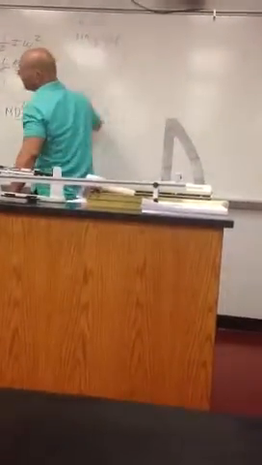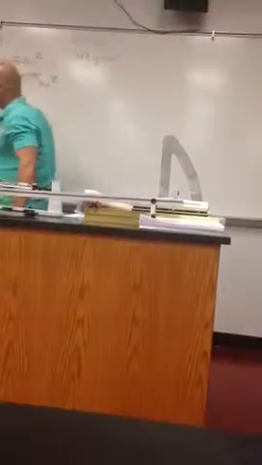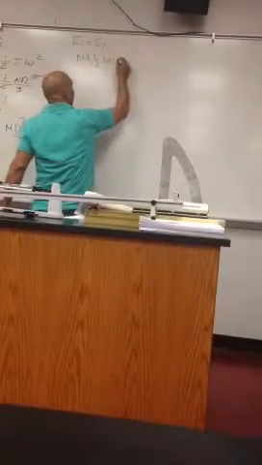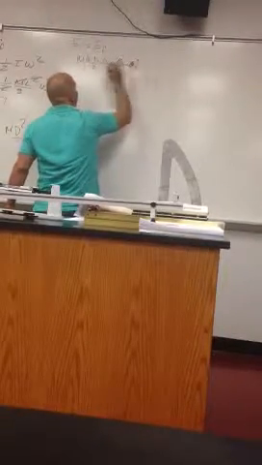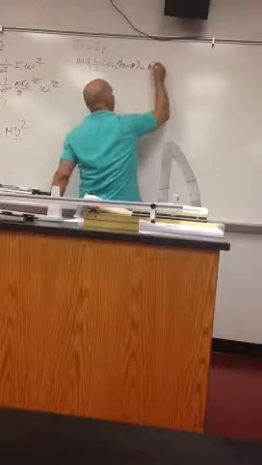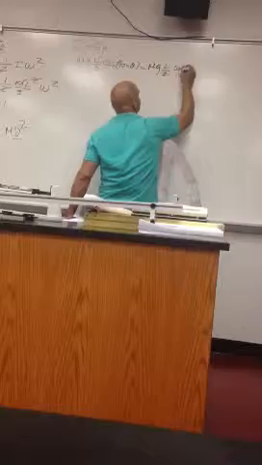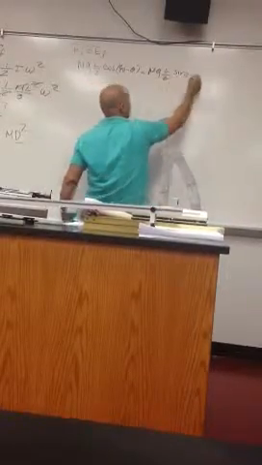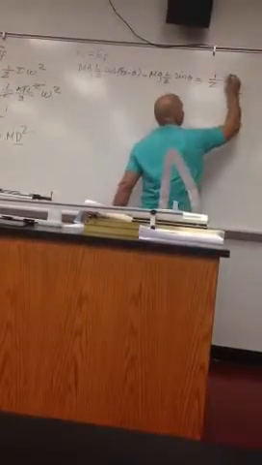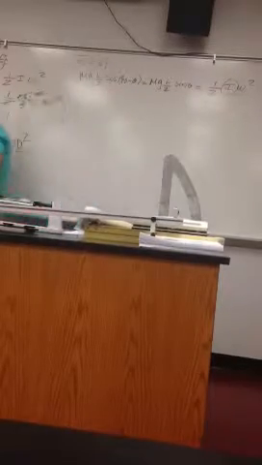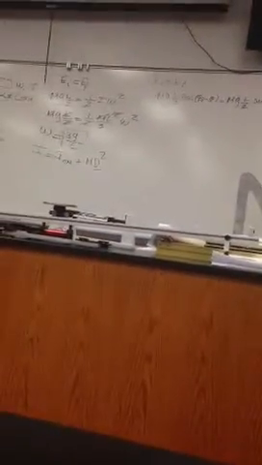In this case it will be cosine of 90 minus theta, which is the same as sine theta. So mg L over 2 sine theta, which in this case is 30 degrees, equals 1/2 I omega squared. And you find omega. I is mL squared over 3 because it's rotating with respect to the end.